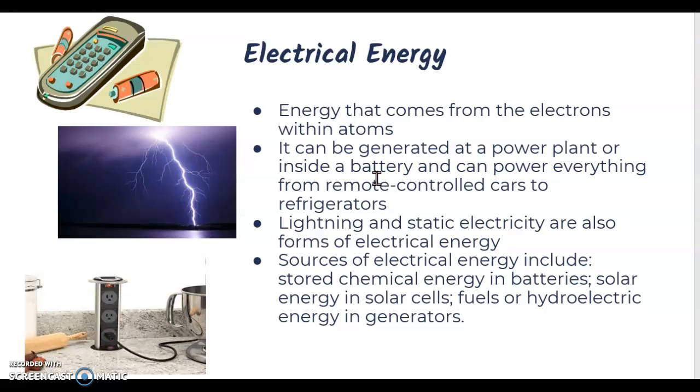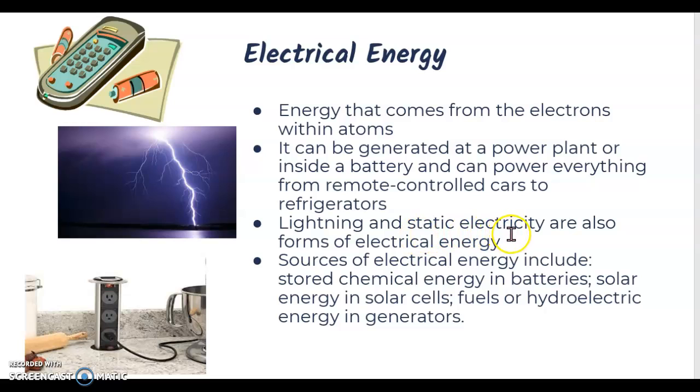But once you use that battery, that chemical energy is transformed to electrical energy. So for remote-controlled cars, from chemical to electrical, and then these cars move, then you have mechanical energy.